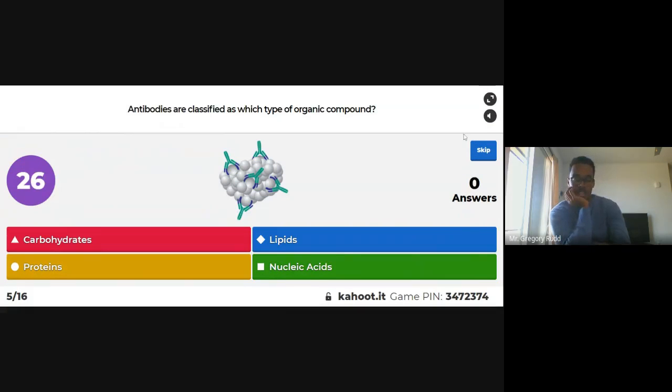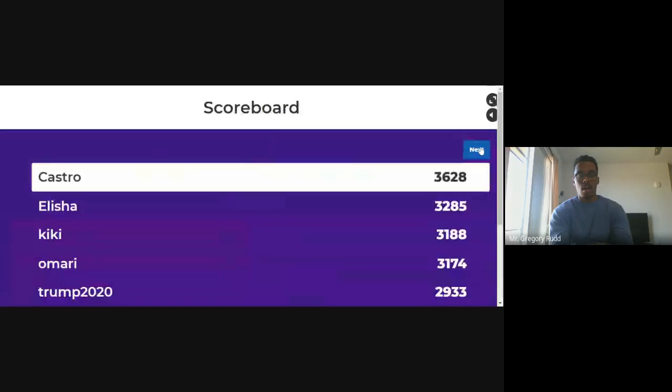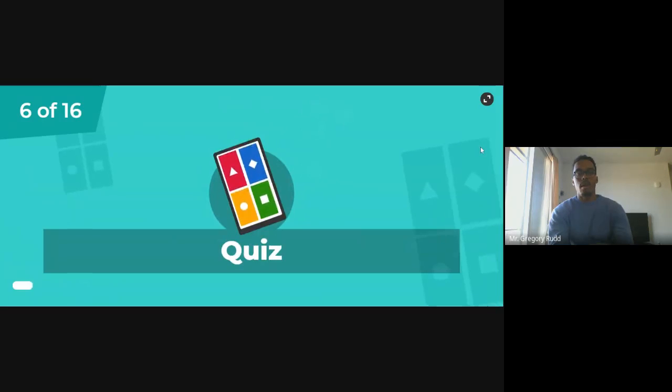We just talked about this today. Yes, they are indeed proteins. Those are the 4 organic compounds. We talked about them way back in August, but they're still coming up. Very important stuff. Alicia and Omari, excellent job.